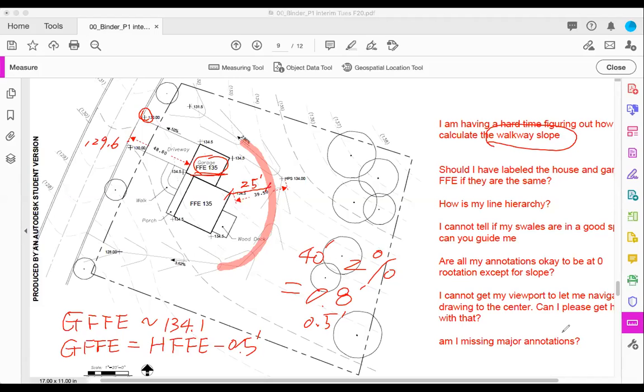The viewport question: if you think you got enough observation from the breakout rooms, you can go to the CAD session. Am I missing major annotations? I think, no, the spots are not there yet.